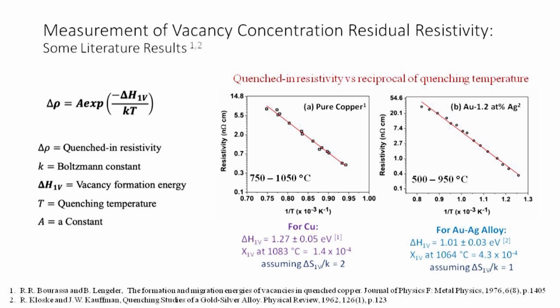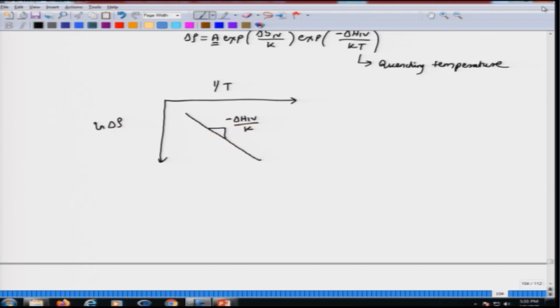This was the quenching temperature in the gold alloy containing 1.2 atomic percent silver, and they obtained in this alloy delta H 1 v to be 1.01 electron volt. Again, if we calculate the vacancy concentration at 1064 degrees Celsius, which is the melting point of pure gold, it comes out to be around 4.3 times 10 to the power minus 4 site fractions. So, this was the second technique for vacancy measurement.